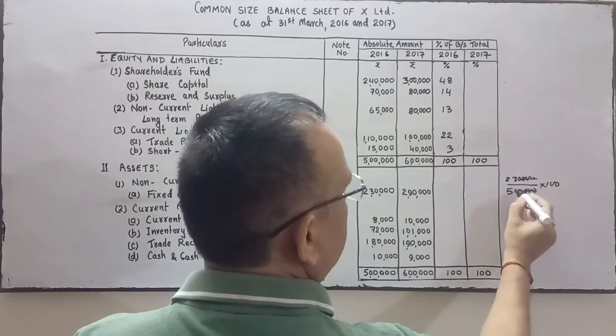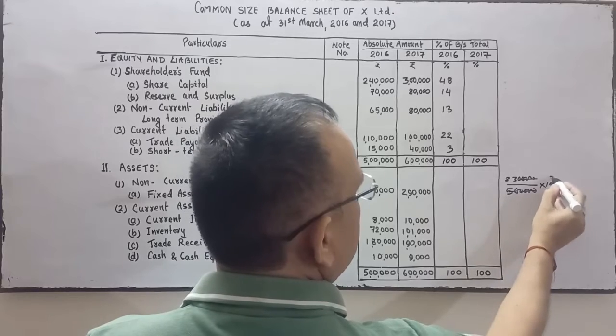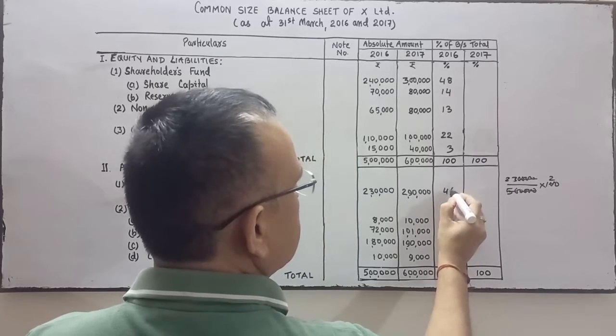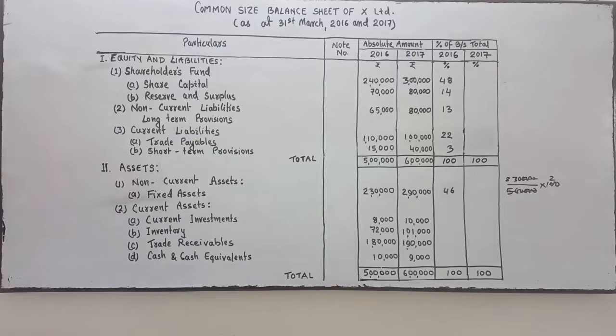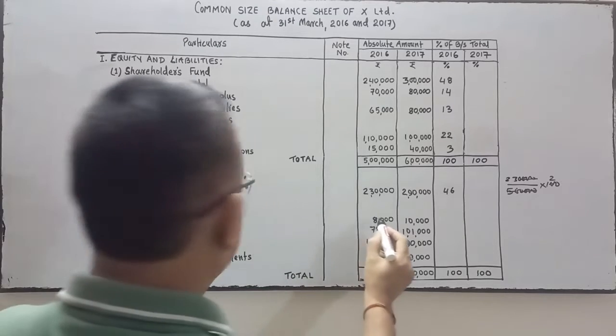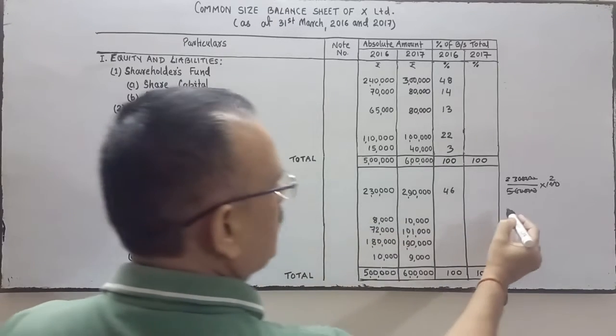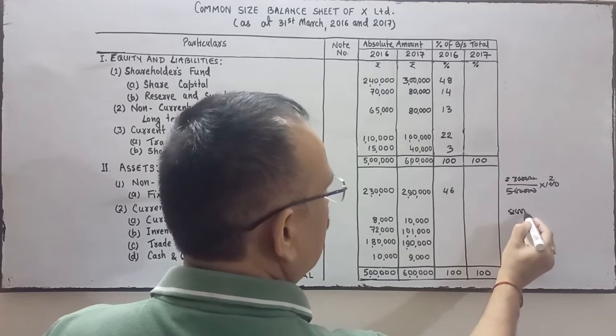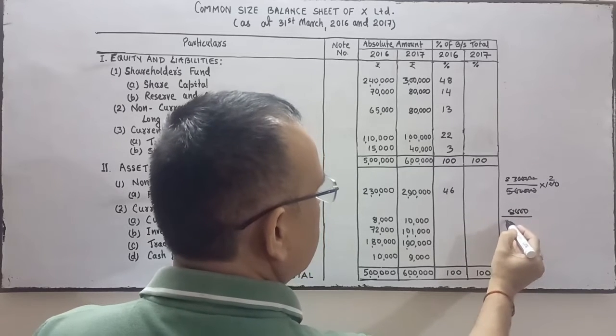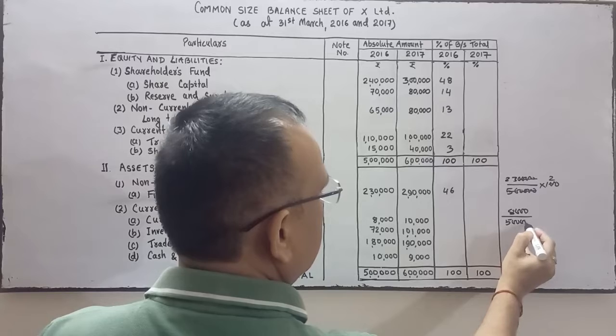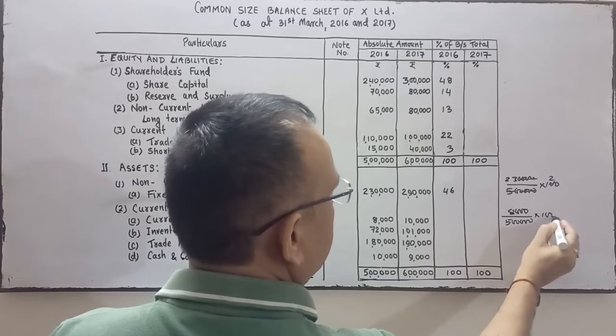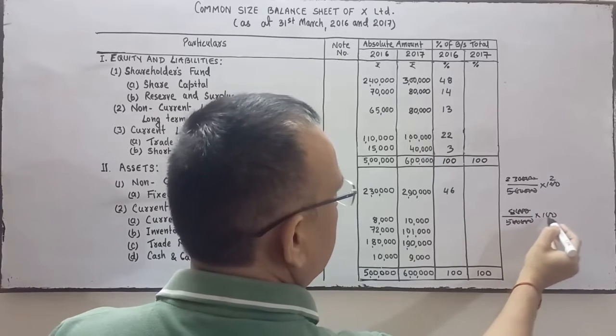Okay. So it is 46%. Now come to the current investment. It is 8,000 and total assets is 5 lakhs, into 100.